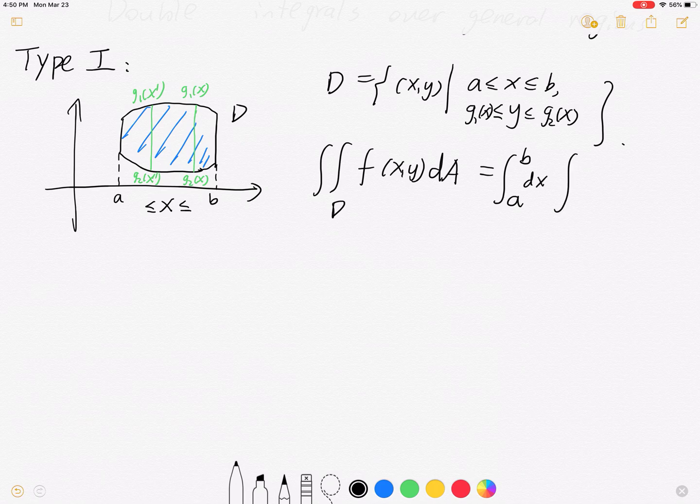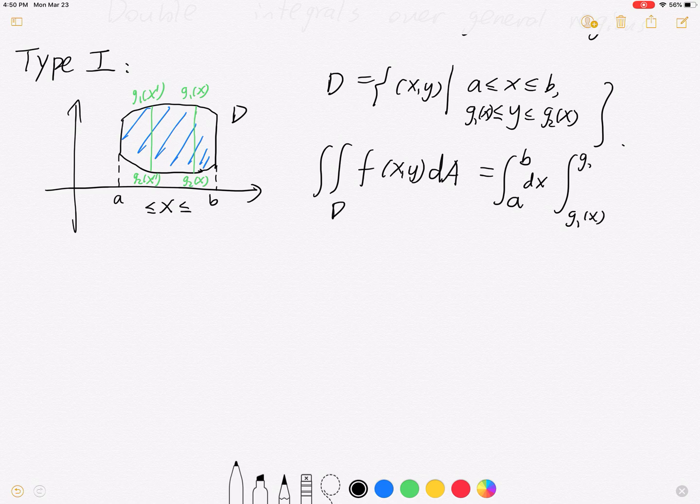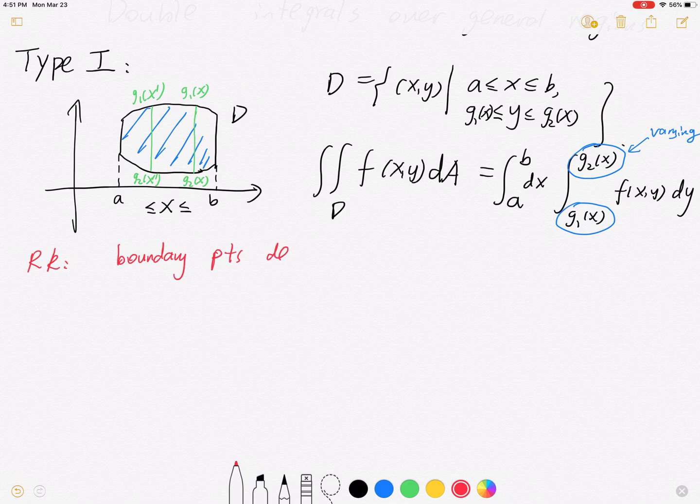And then for Y, the boundary points depend on the value of X. So the difference between this integral and the previous examples lies in the fact that now the boundary points vary depending on X. And the remark is these points depend on X but not on Y. This is essential.